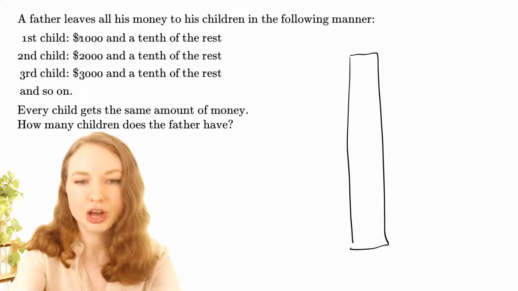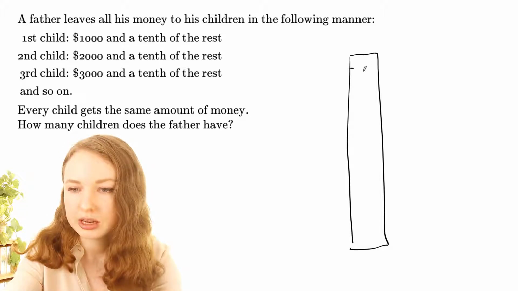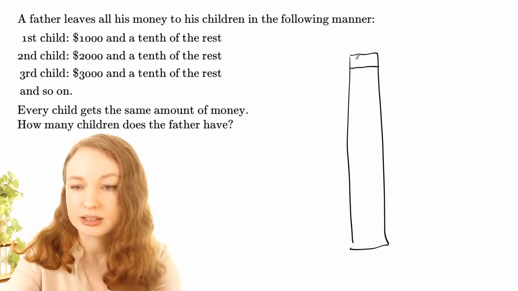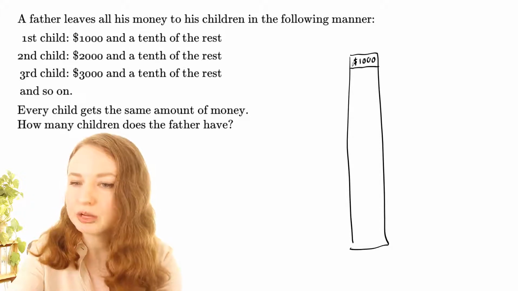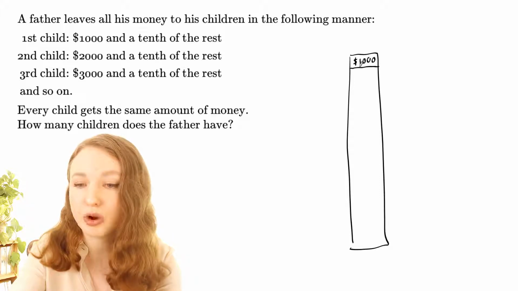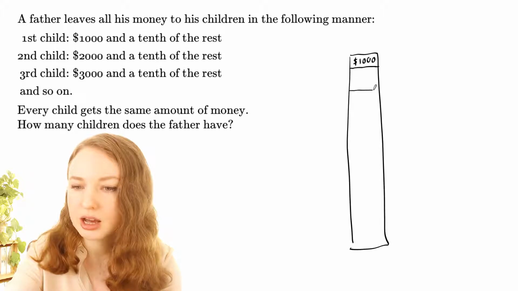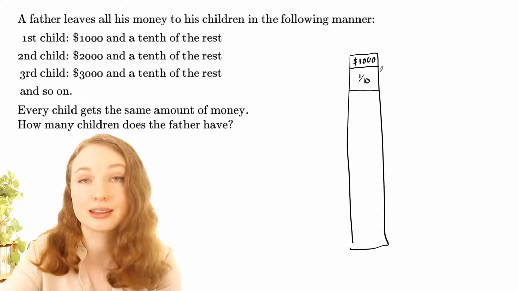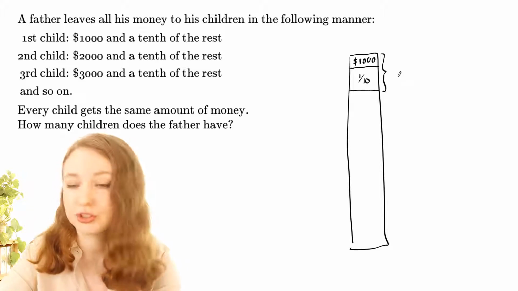Now the first child takes $1,000, so let's take a bit off the top and say that's 1,000. And then also a tenth of the rest. So however much money is left at this point, we want to take off a tenth of that. So I might cut a bit off and say that's a tenth. Okay, so all of that bit is what the first child gets.